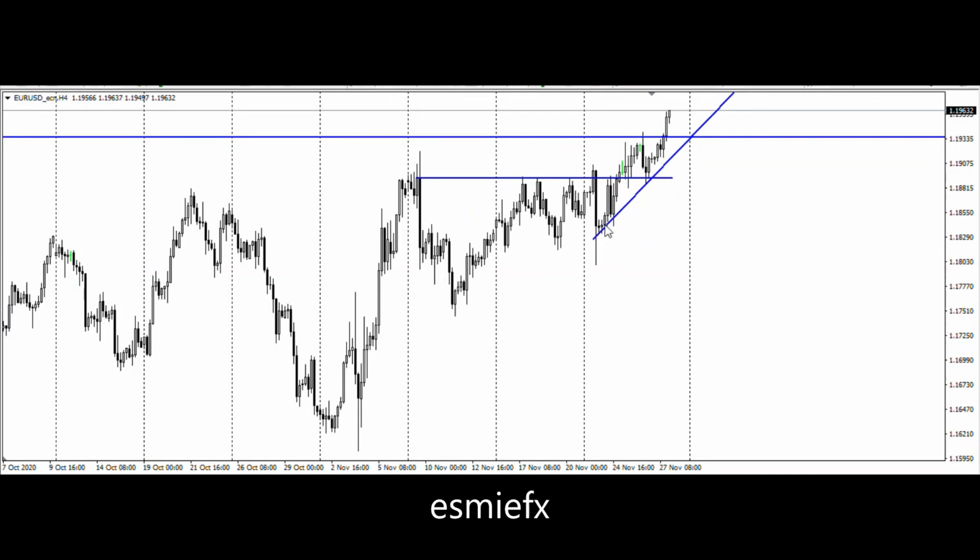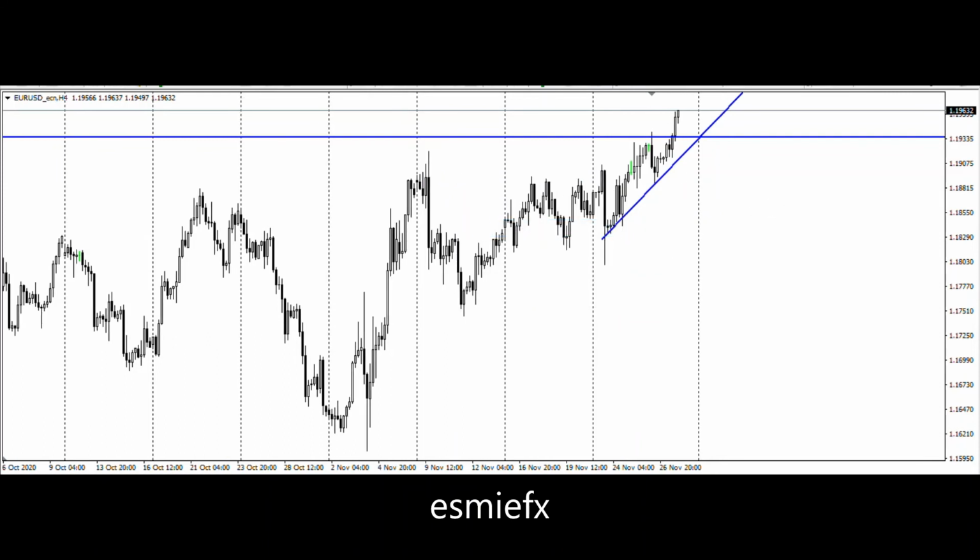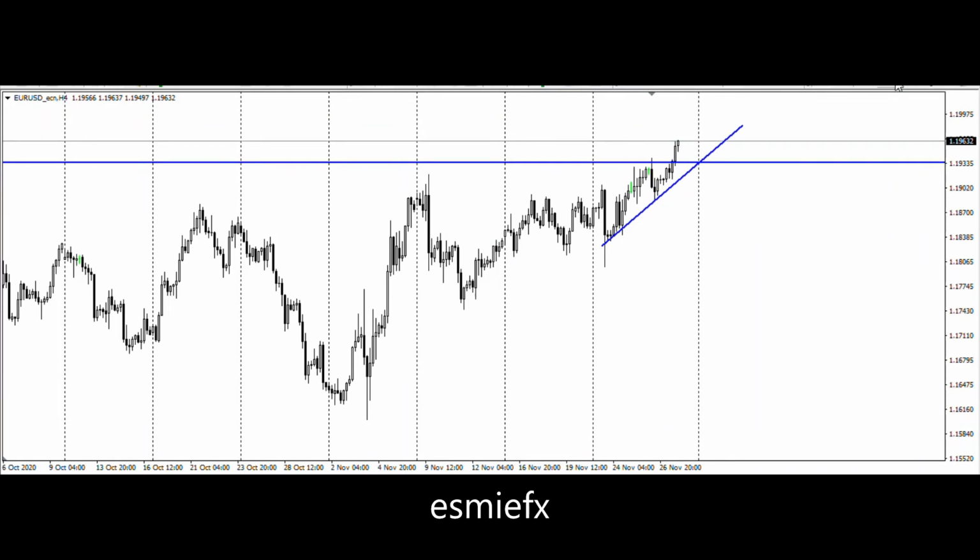So this is the new trend line though, now I've drawn. This wick has acted as resistance here, and then here it has acted as support. Okay, remove this. So this is how it looks.